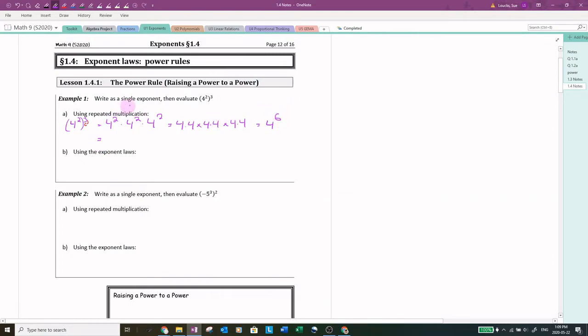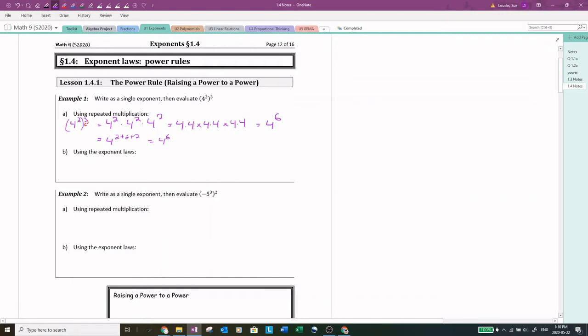Or we can apply our multiplication rules to this, and this becomes 4 to the 2 plus 2 plus 2, right? Which is 4 to the 6, either way, all right?